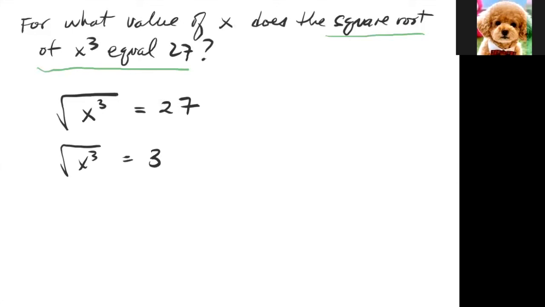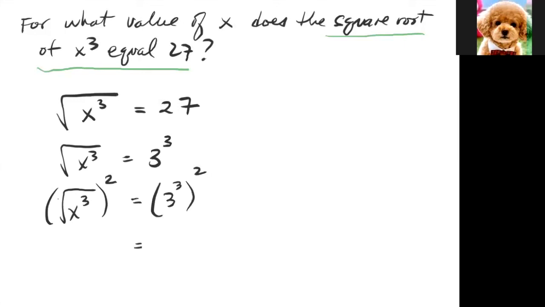I'm going to write it as 3 cubed. Yeah. And then that will make it 3 to the 6. Right. So let's square it now. I'm going to say the square root of x cubed, all squared, is equal to 3 to the 3, all squared.